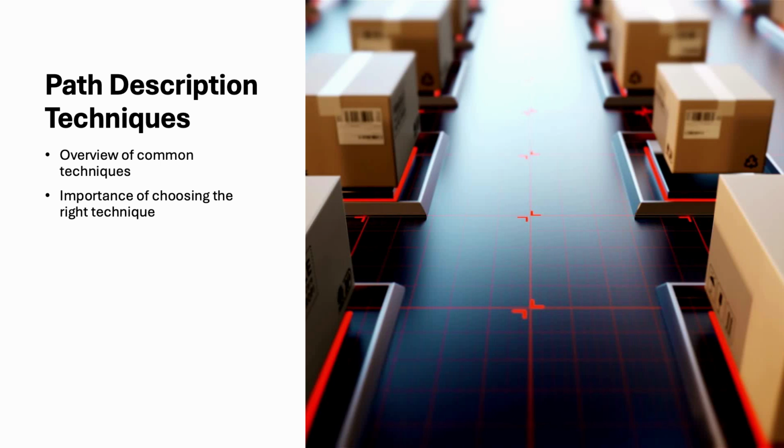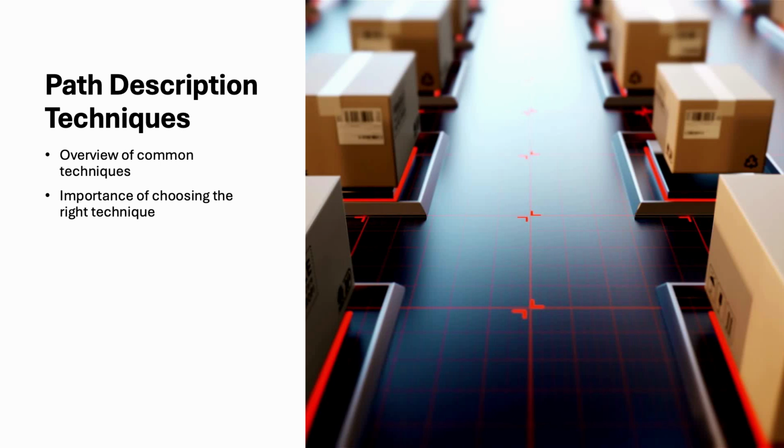Grid-based method involves dividing the environment into a grid of cells, where each cell can be marked as occupied or free, permitting the robot to plan a path through the free cells.